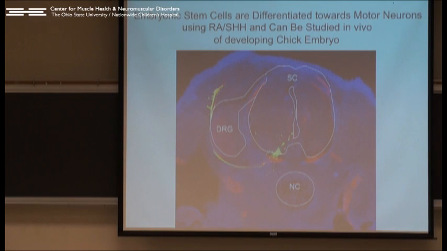We can prove that they're motor neurons by transplanting them into developing chick embryos, where these mouse embryonic stem cells will migrate down, turn on all of the motor neuron specification genes, and even project out to the axial muscles of these developing chicks. So we can make motor neurons for these co-culturing assays.